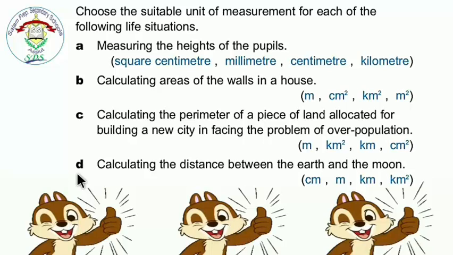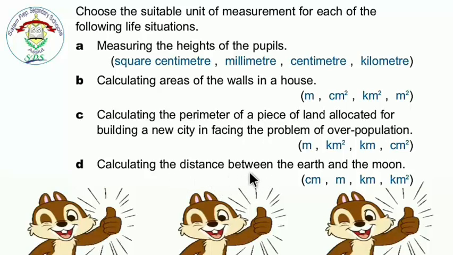The fourth one, calculate the distance between the earth and the moon. Distance means kilometer. Take care. The required is the distance between, not the area of the distance between.